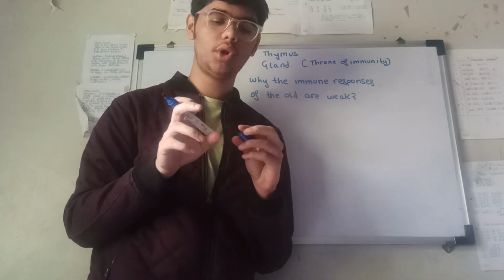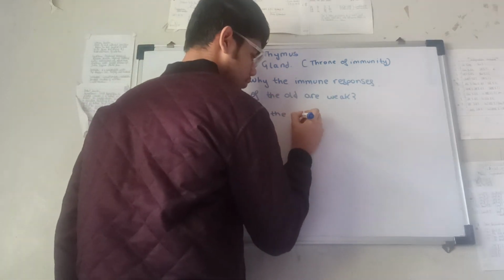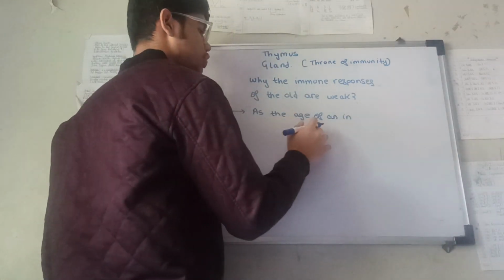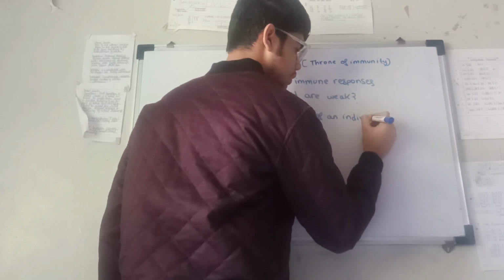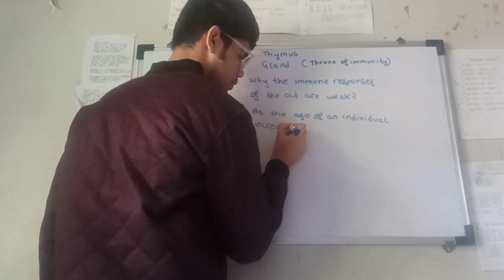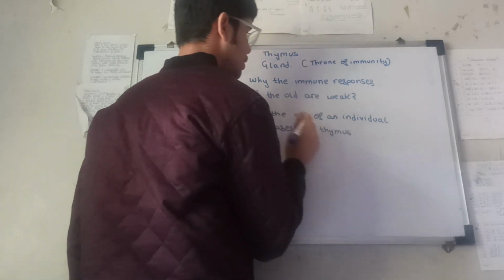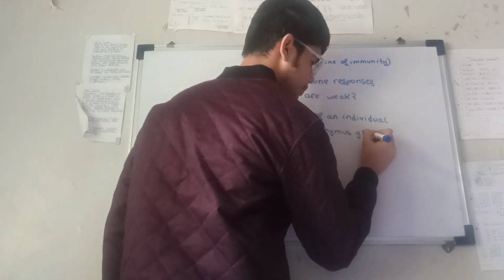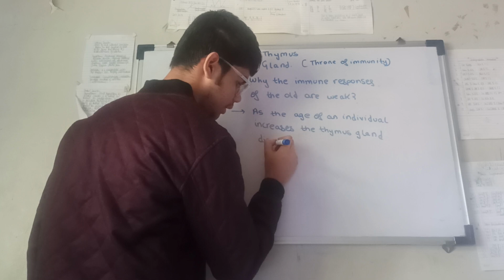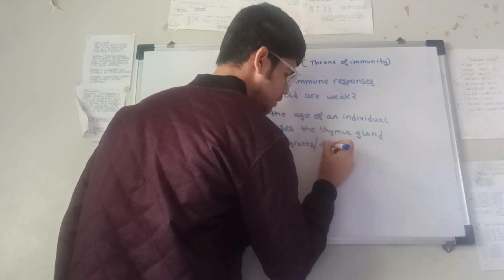The answer for this you have to write is that as the age of an individual increases, the thymus gland disintegrates or decreases in size.